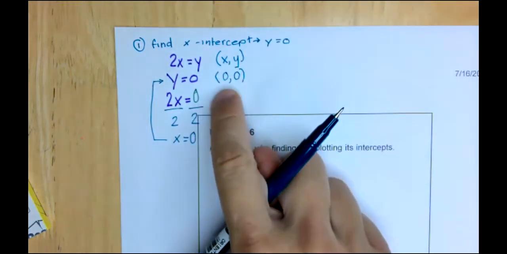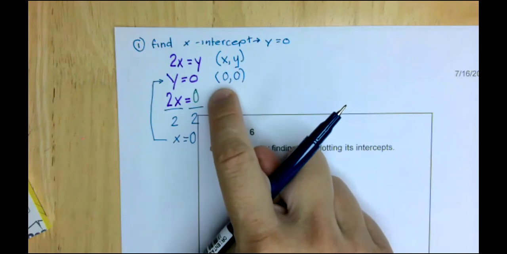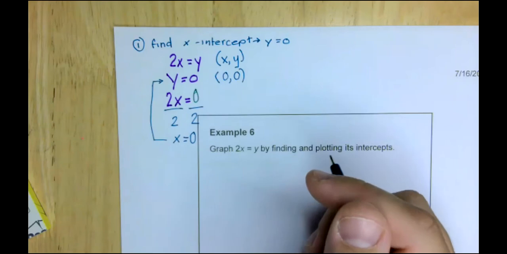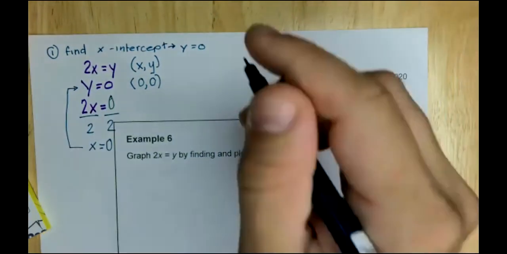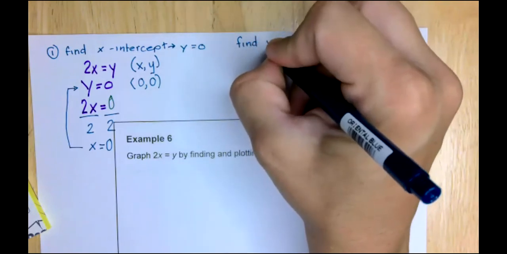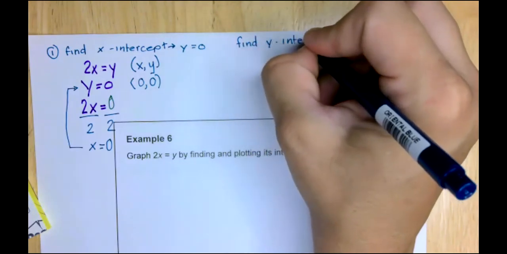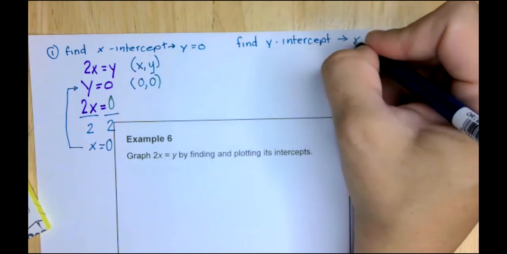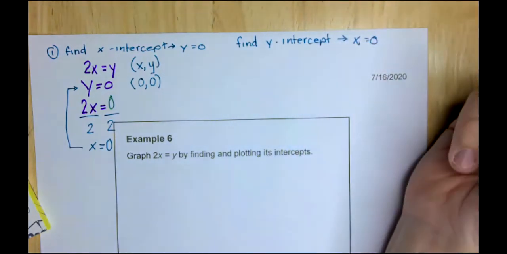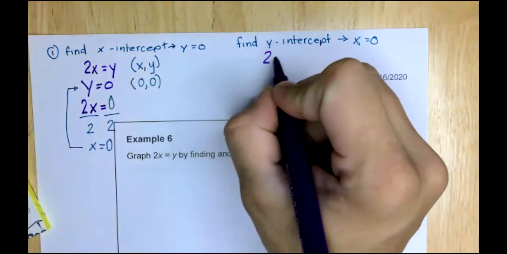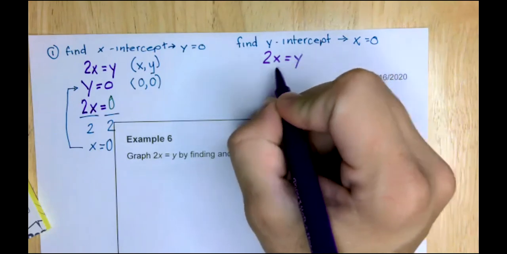So you might be thinking, oh, if x is 0 when y is 0, the y-intercept is also just 0. So now we'll find the y-intercept by saying x is 0. Same equation, all right? 2x equals y.